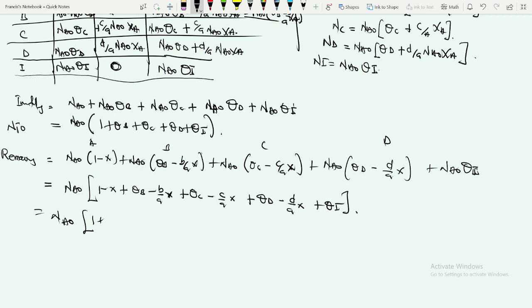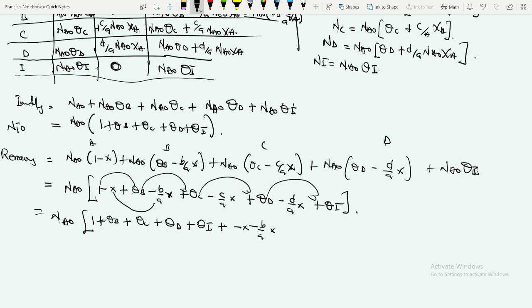So we have 1 plus theta B plus theta C plus theta D plus theta I, plus, and then we come back to our X's: negative X, negative b over a X, negative c over a X, negative d over a X. Yes, and that's all.